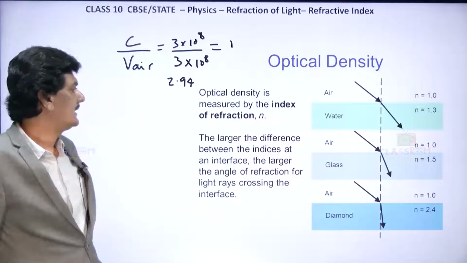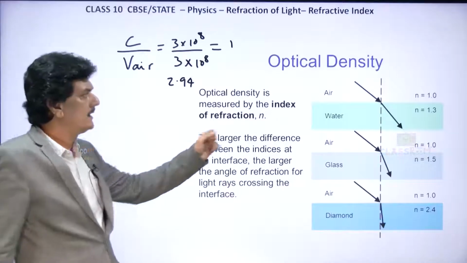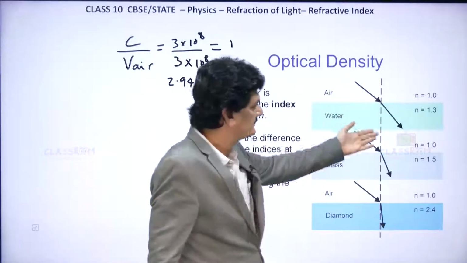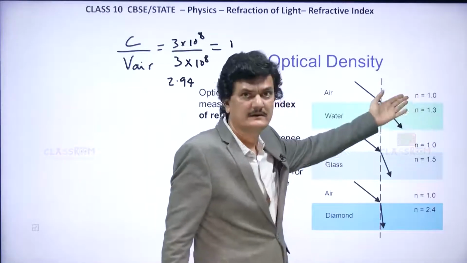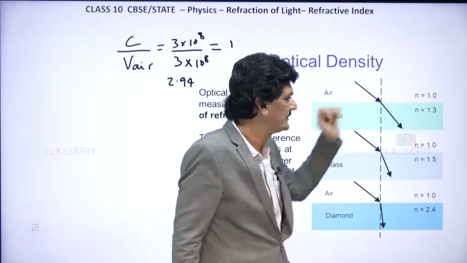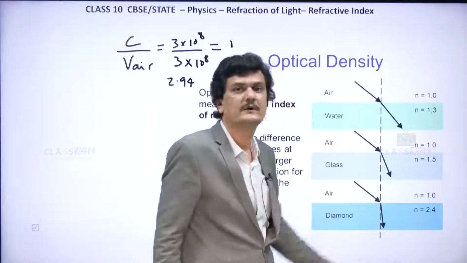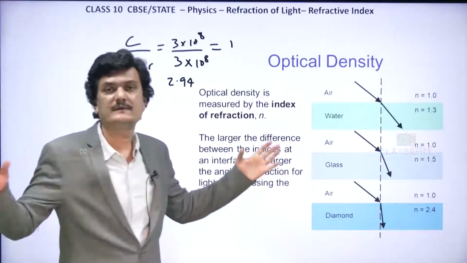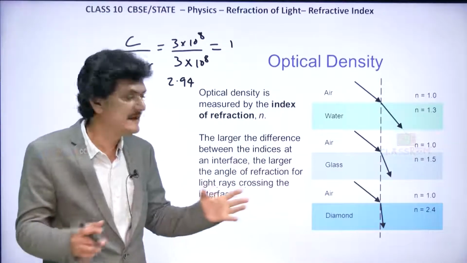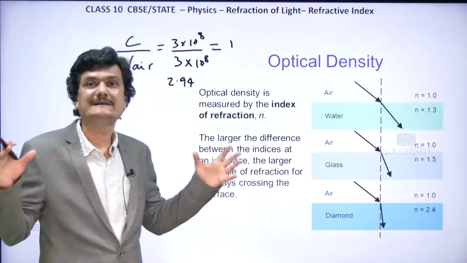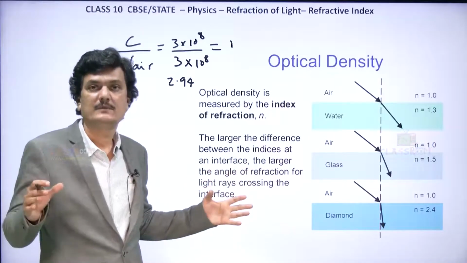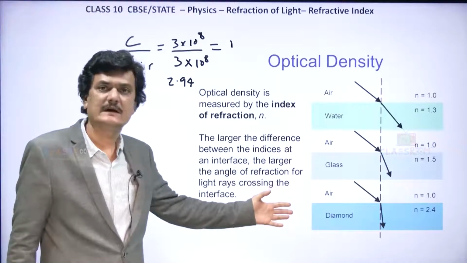Now compare the differences in the refractive indices: 1 and 1.3, 1 and 1.5, and 1 and 2.4. So, the difference in refractive indices is also large when the optical density of the medium is high. Diamond has very high optical density.